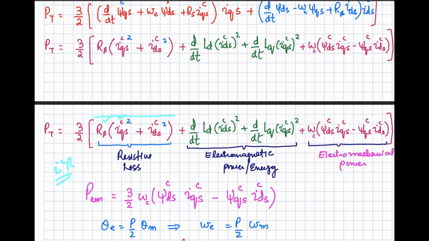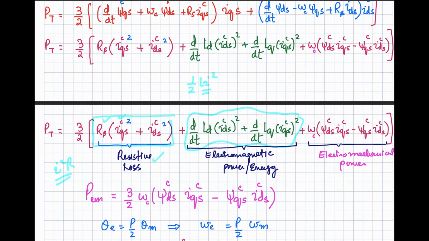This is the resistive loss, and the energy stored in the inductor is half L i square. You know about that, electromagnetic energy. So this term is basically representing that electromagnetic energy.